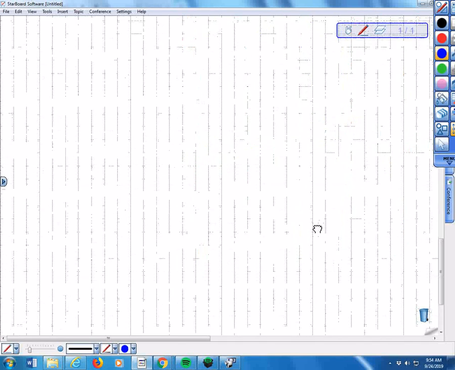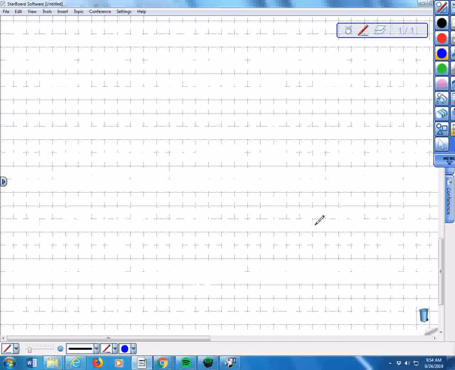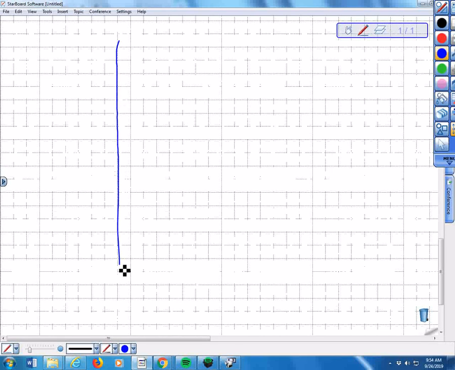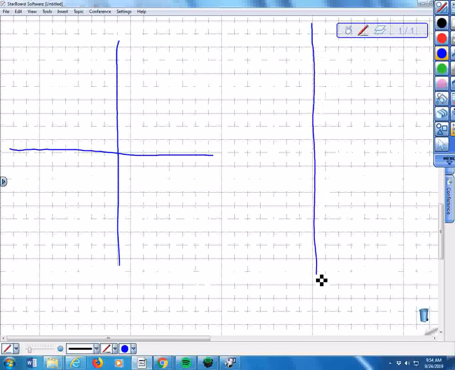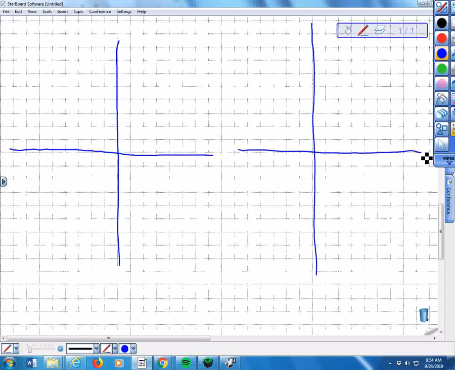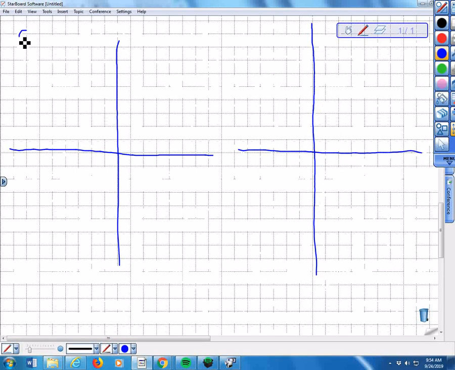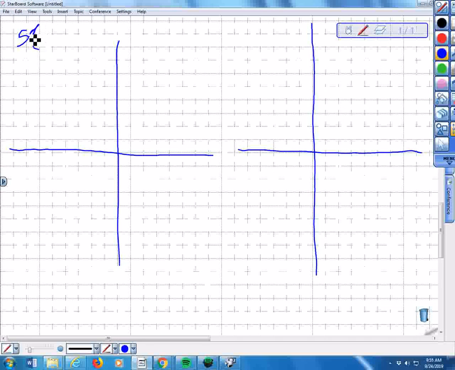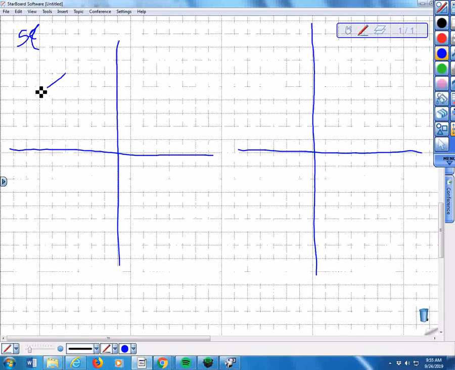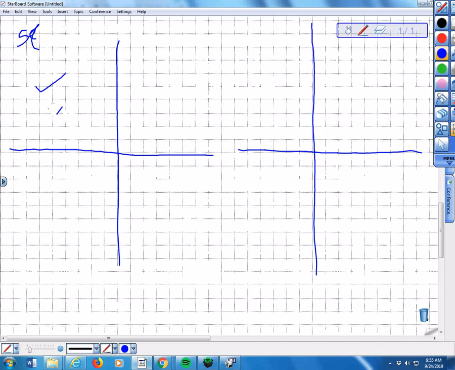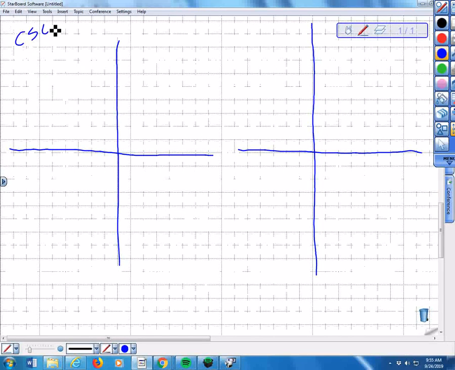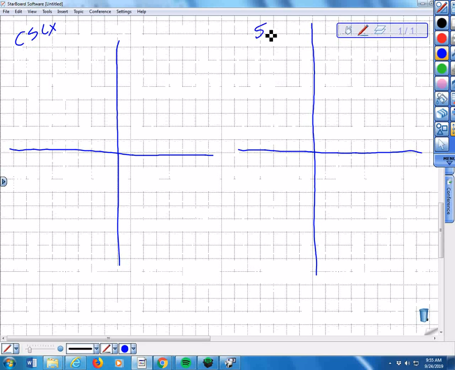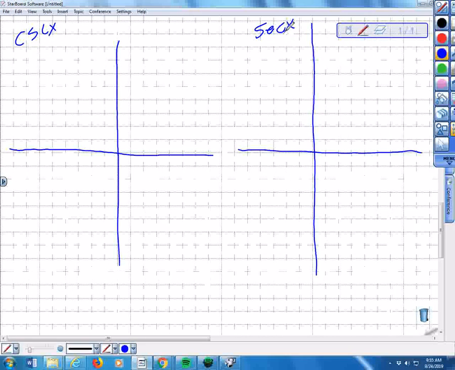Now I'm going to do them next to each other. Let's do cosecant first. Okay, you're going to have asymptotes here too.